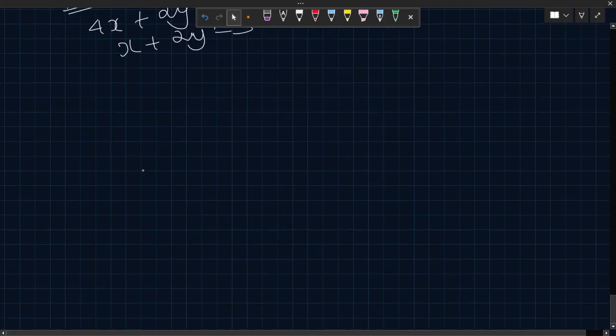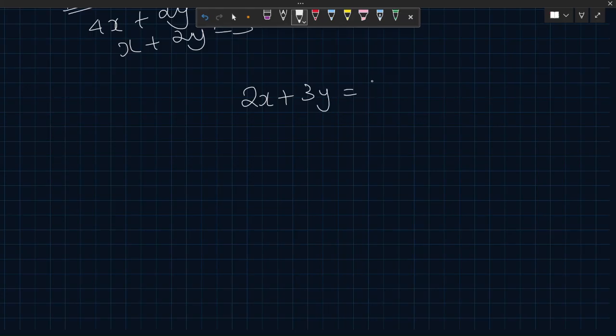Now there could be certain problems, such as, let's say, 2x plus 3y is 5, and suppose I have 3x plus 2y is also 5.